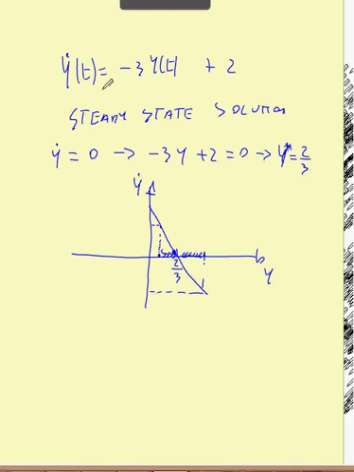Now we need to integrate both sides with respect to time. We can simplify. The first side becomes y of t e to the power of 3t equal to 2 times the integral of e to the power of 3t in dt.